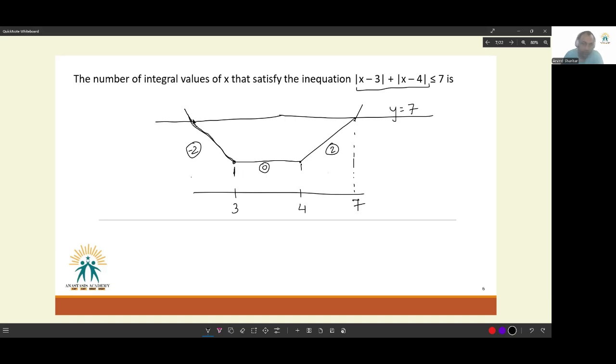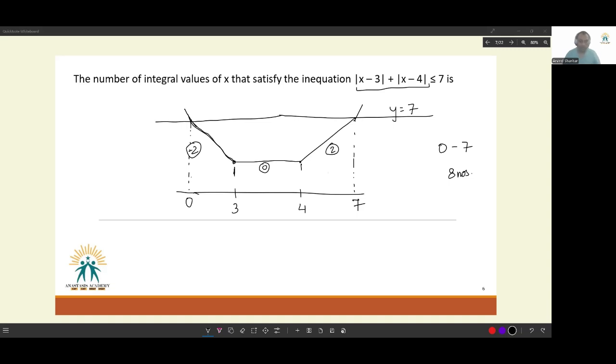I want to get to a value of 7. It will be 3 steps to the left, or x will assume a value of 0. So the acceptable integral values of x will lie in the range 0 to 7, which are 8 numbers in total. And therefore, the number of integral values that satisfy the equation, the answer to the question, will be 8.